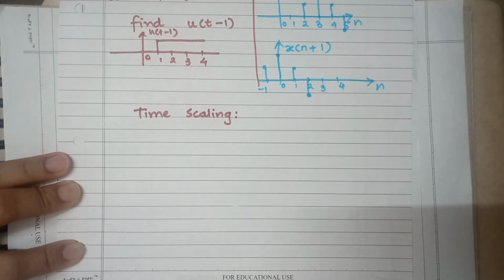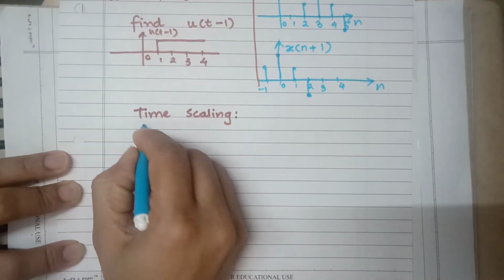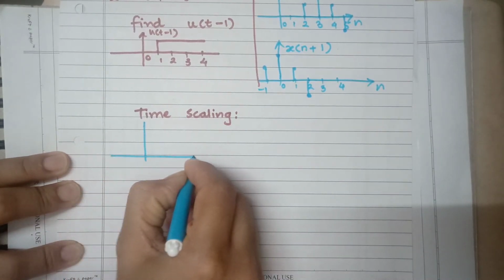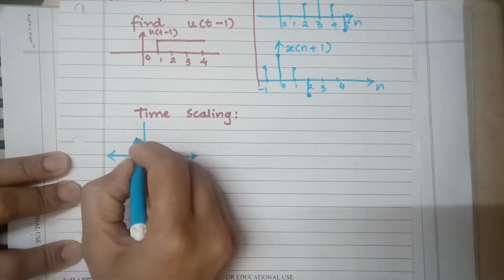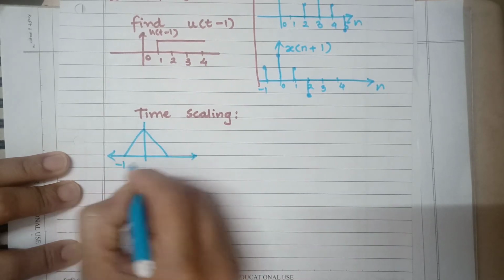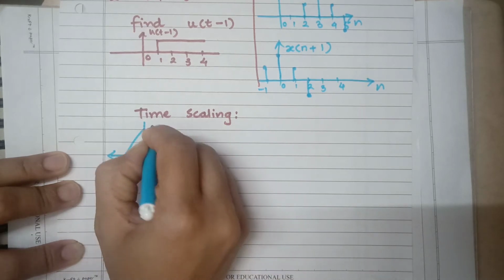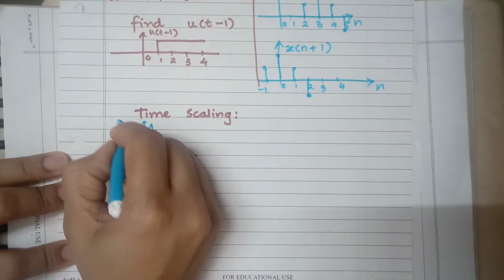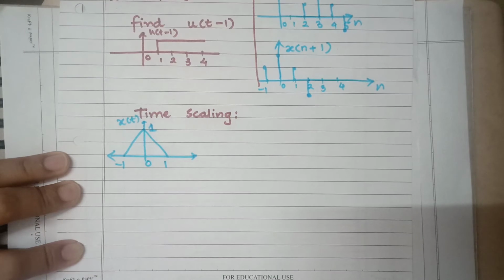In time scaling, we'll use another, different signal. We'll take a continuous time signal like this. Suppose this is minus 1, this is 1, this is 0, and this is 1. So this is your x of t.